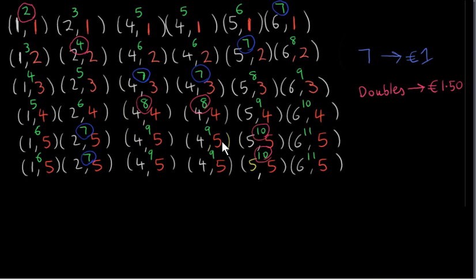Before I go on, let's write down the probability of getting a 7 or of getting doubles. So to get the probability of throwing a sum of 7, we get the number of outcomes that have that sum, which is 6, and divided by 36. We can of course simplify that to 1/6.